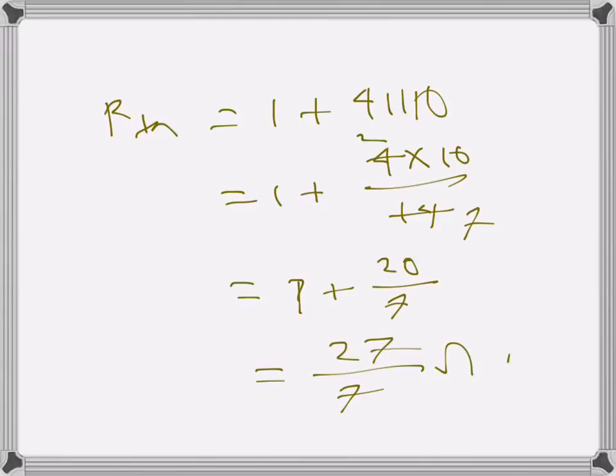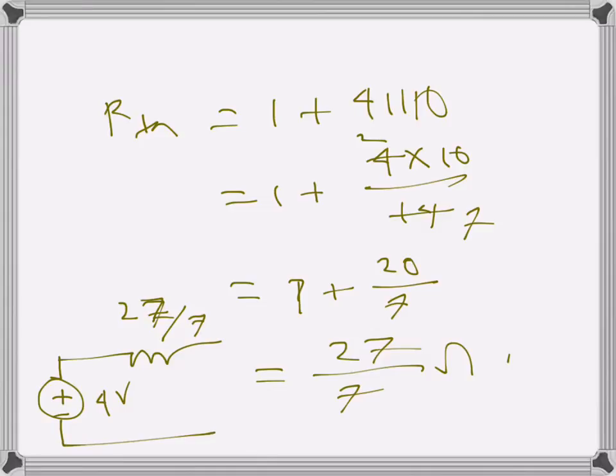Let's leave it like that. So that is our Thevenin circuit. The voltage source is 4 volts, and the resistance is 27 over 7, and this is our A and B. So that is our Thevenin's equivalent for terminal AB.